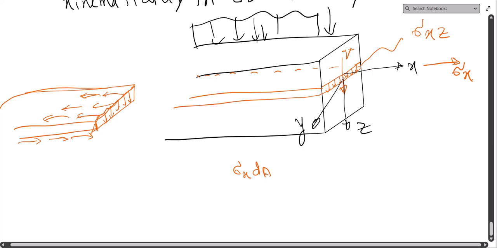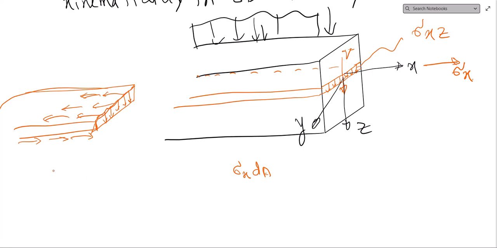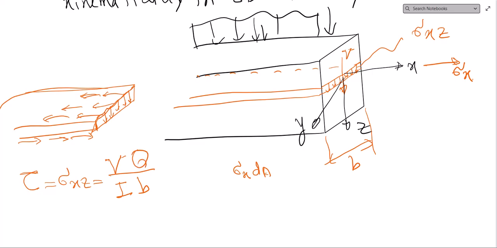And from this equilibrium, I can calculate tau, which is actually sigma xz, equal to V, my shear force at that cross section, divided by I, the moment of inertia of the section, multiplied by B here, or any length that I have, multiplied by a quantity.